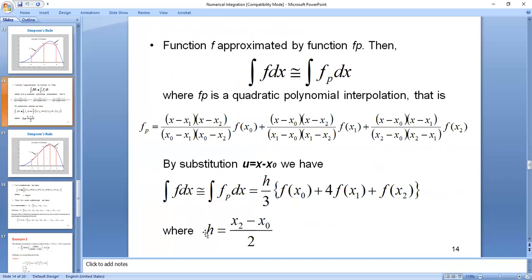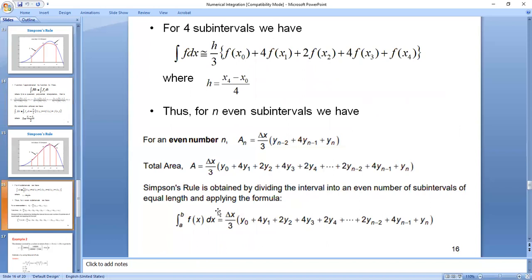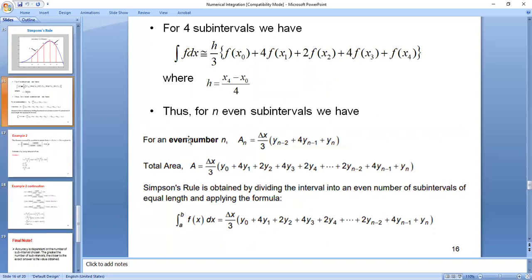This is your increment: x sub 2 minus x sub 0 divided by 2, or upper limit minus lower limit divided by 2. The delta x that you see here is just the difference between the upper limit and the lower limit. Now, for you to understand it better, let's have a specific example.